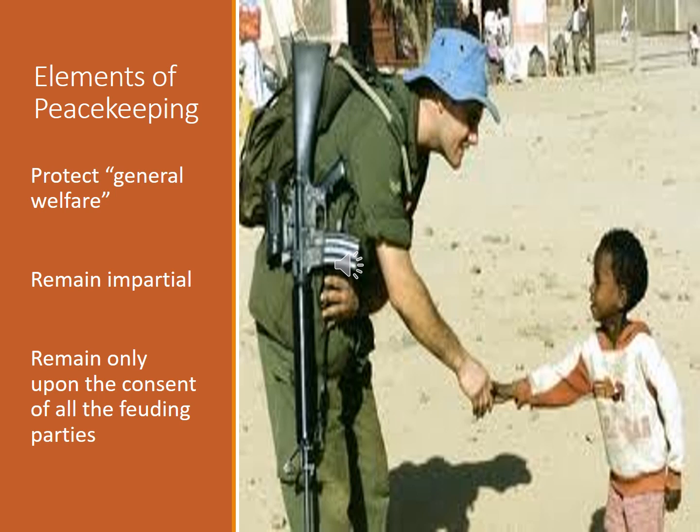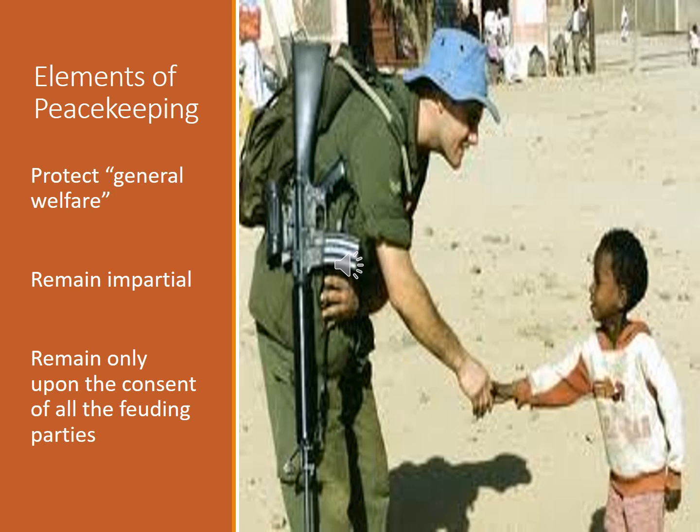For peacekeepers to be successful, they have to incorporate several elements. The first of which is the idea of protecting the general welfare of everyone involved. They are military forces.